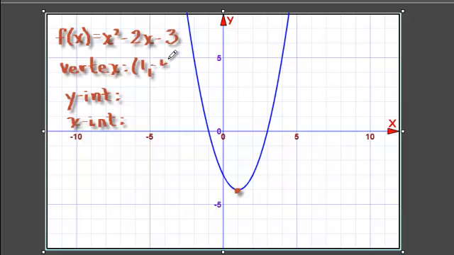We're going to find that algebraically in just a minute, but I just want to look at the graph, find these points, and then we'll figure out how you find them algebraically. The y-intercept right here, and that would be at x is 0, y is negative 3.